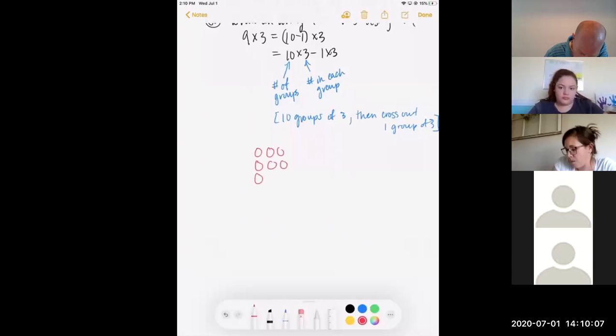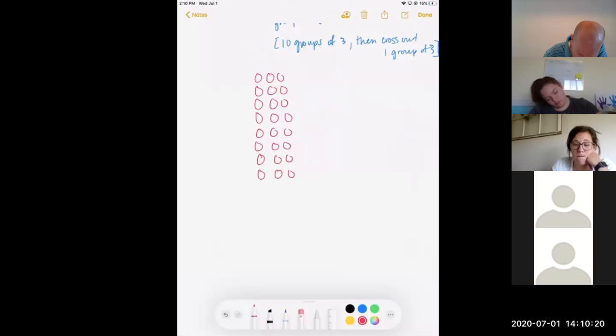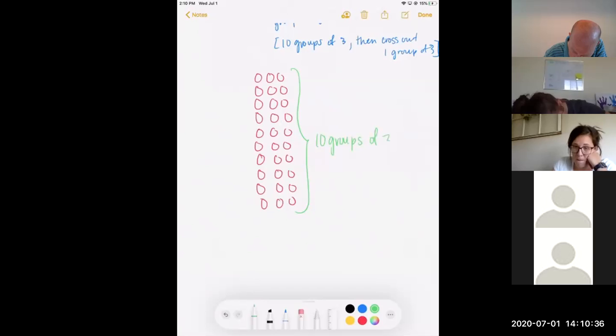Counting these out, I'm doing little marbles or something, circles. So I have 1, 2, 3, 4, 5, 6 groups right now. Here's group number 7, group number 8, group number 9, group number 10. So right here, this is 10 groups of 3. That's like 30 total.